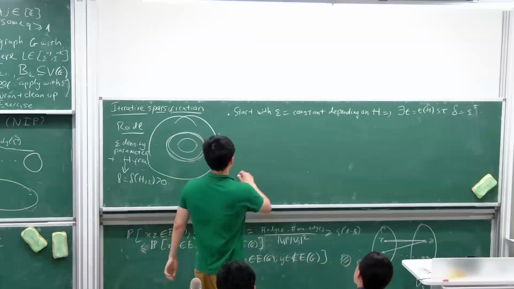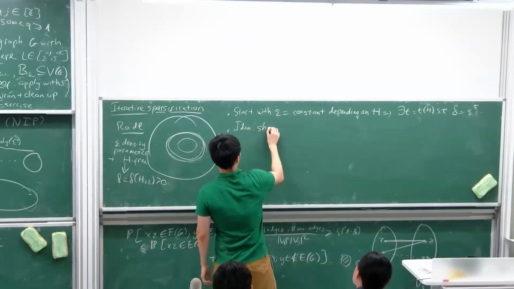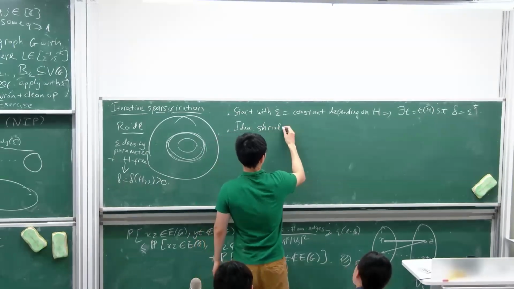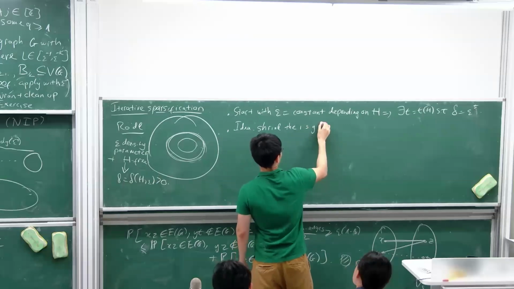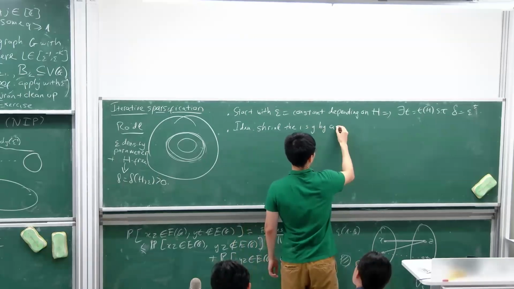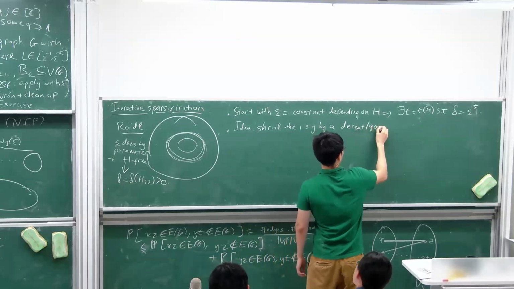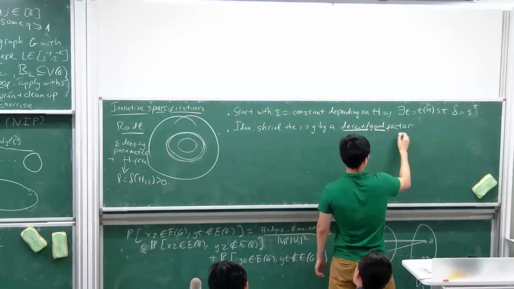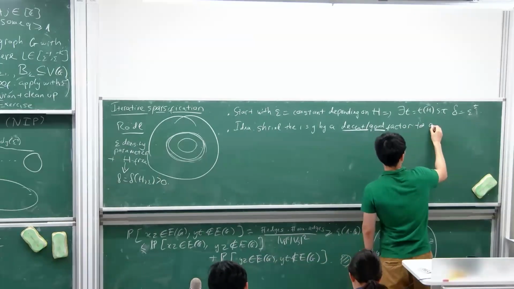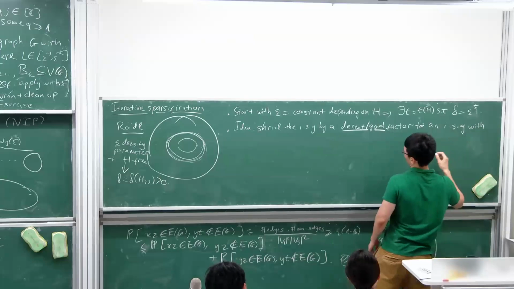So finally, we shrink the induced subgraph by a decent factor to an induced subgraph with a much better density parameter.